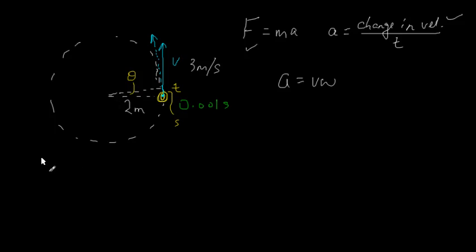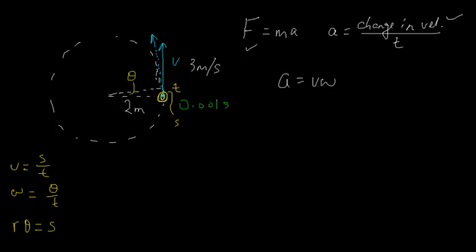So we know things like the distance over time is the velocity, angular velocity is angle over time, and the relation between s and theta is r theta is equal to the arc length.